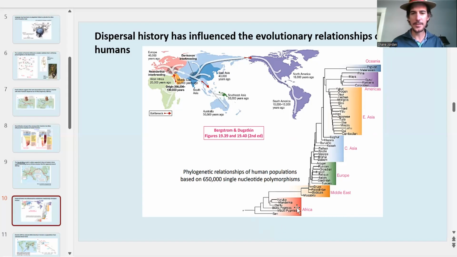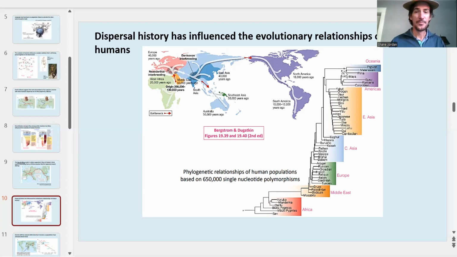And not surprisingly, we can see that there is a paraphyletic group of early Homo sapiens in Africa, a paraphyletic group of early Homo sapiens in the Middle East, more paraphyletic groups of early Homo sapiens in Europe, Central Asia, East Asia, and finally, the most recent radiation of Homo sapiens, occurring in the Americas and Australia, particularly in the Americas.